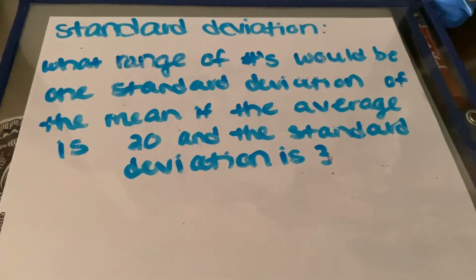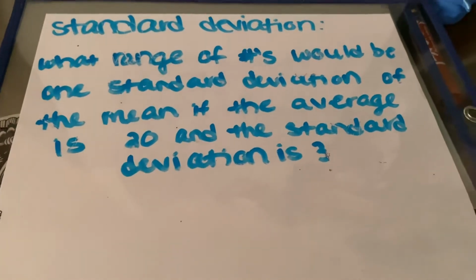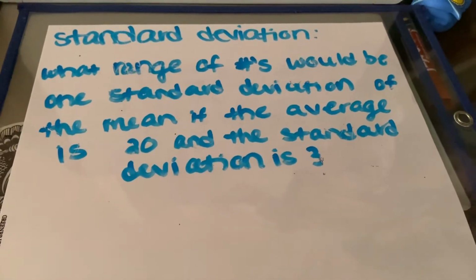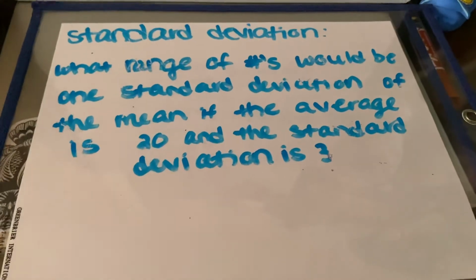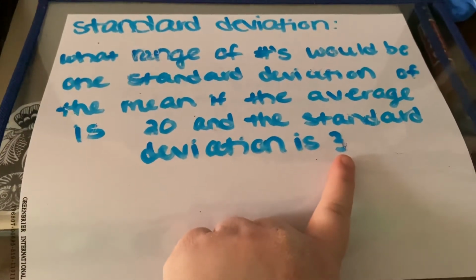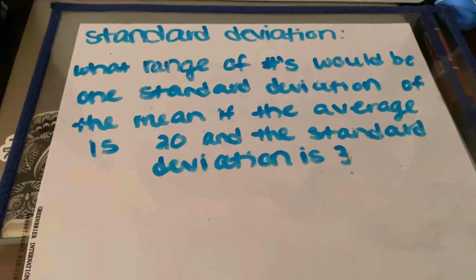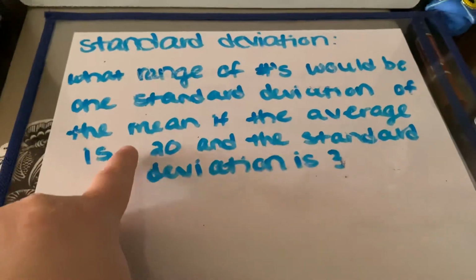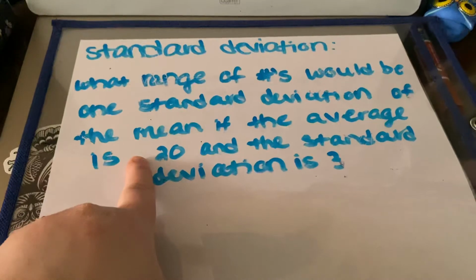So this sounds really complex and complicated, but it's actually probably the simplest thing in this video. What you have to do is take the standard deviation that they gave you, so ours is 3, and we need to find the range when our mean or our average is 20.